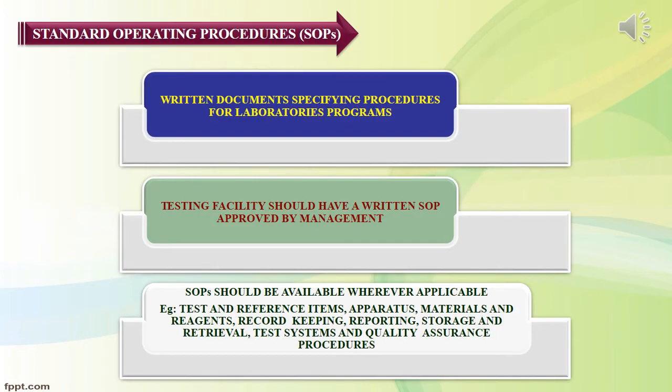Let's see the first testing facilities operation, that is standard operating procedures, SOPs. SOPs are written documents specifying procedures for laboratory programs. Testing facilities should have a written SOP approved by management.